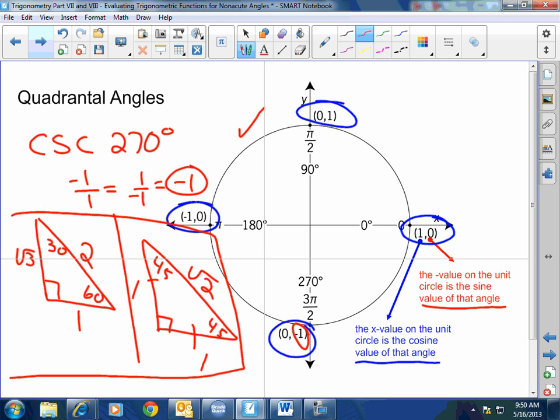And you guys didn't seem too happy about memorizing all of those values, which I understand. So you have 2 choices, and only 2 choices, unfortunately. You either memorize the 2 triangles and the circle and come up with your values quickly because you know what you're doing, or you memorize those values. Either or, there's no other option, unfortunately. I'm sorry, guys. May I continue?